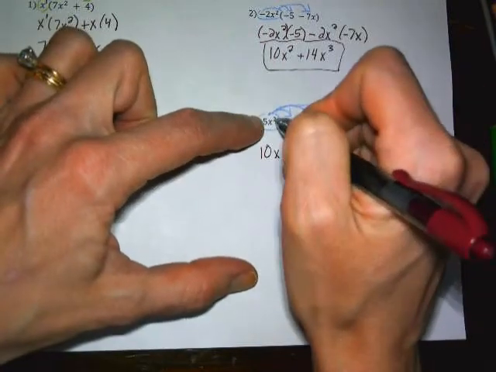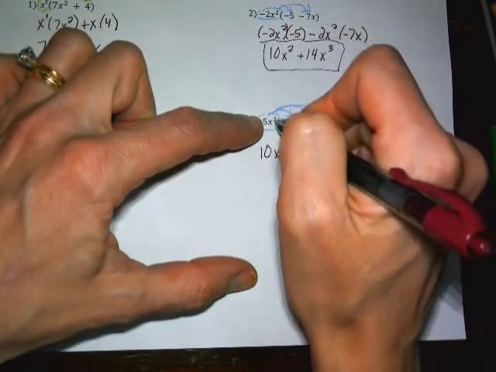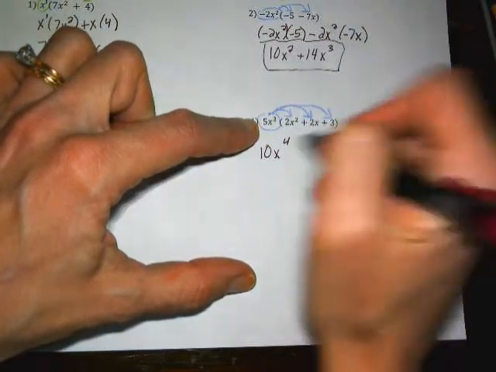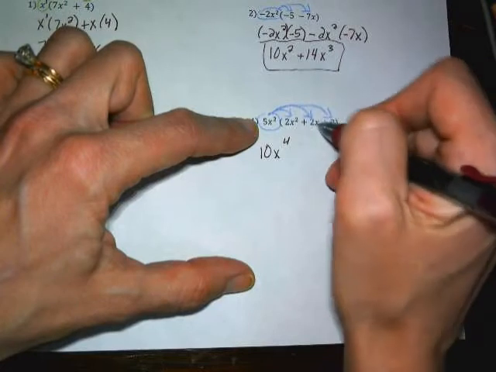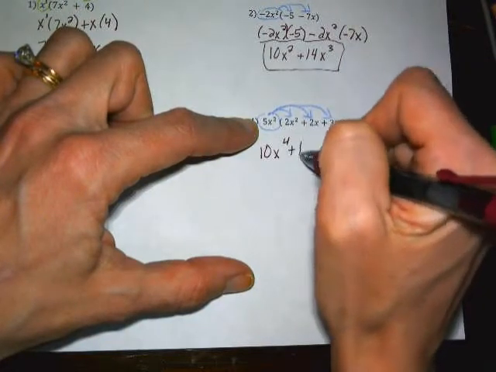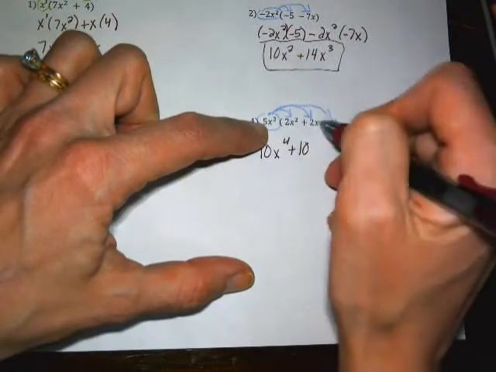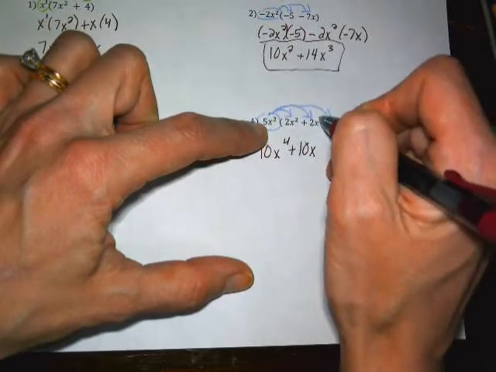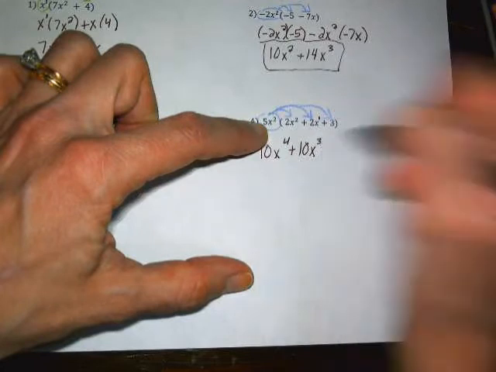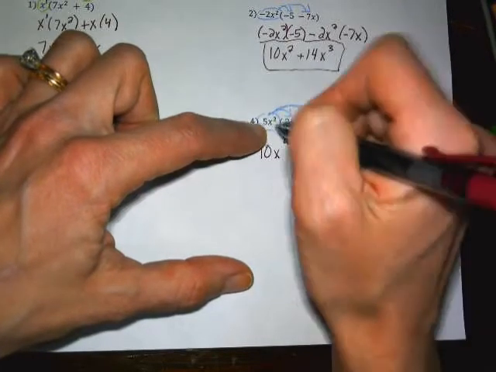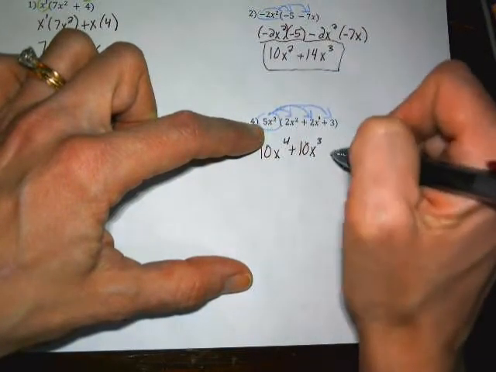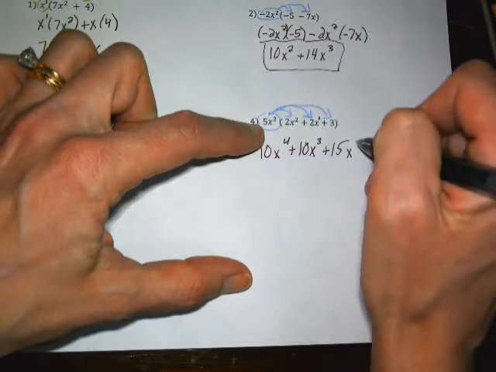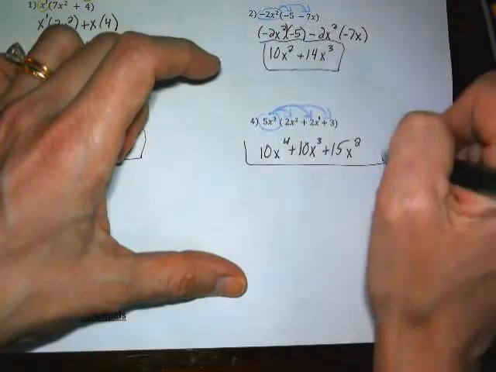We've got x squared times x squared, so x to the 2 plus 2, which is x to the fourth. 5 times 2 is 10, and x squared times x is x to the 2 plus 1, so x to the third. And lastly, 5 times 3 is 15. We have no x term here, so we just have x squared.